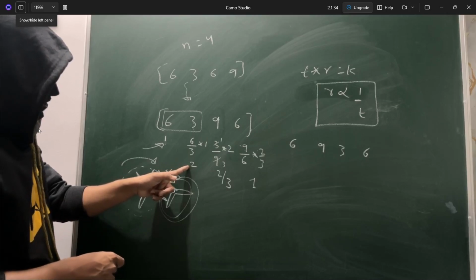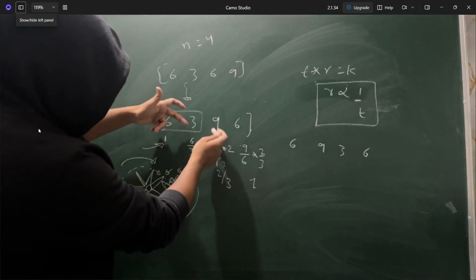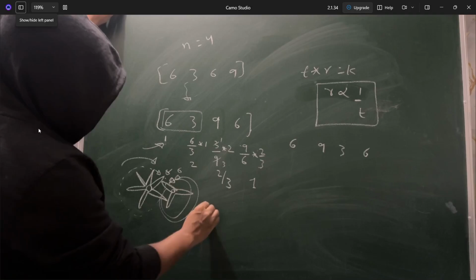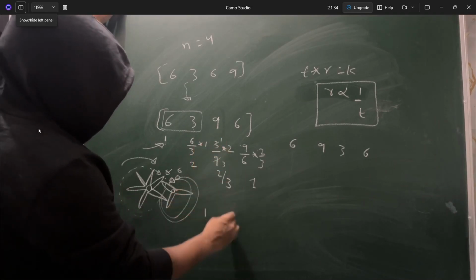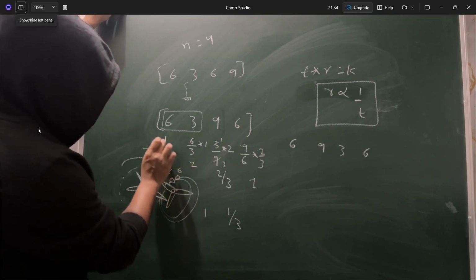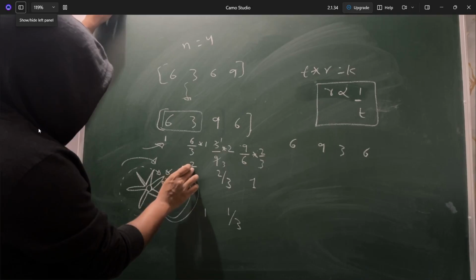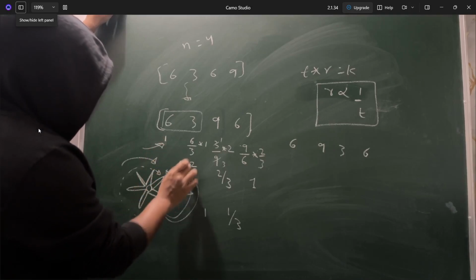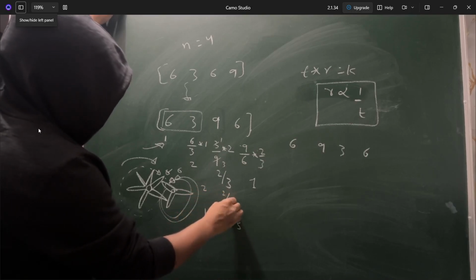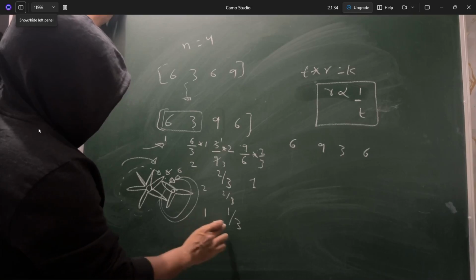Now relative to these two, if you consider its speed is 1, this speed will be 1/3, because this one is relative to this speed, so it is 2, and these two, if you see, it is 2 by 3, and if you divide it by 2, you are getting 1 by 3.